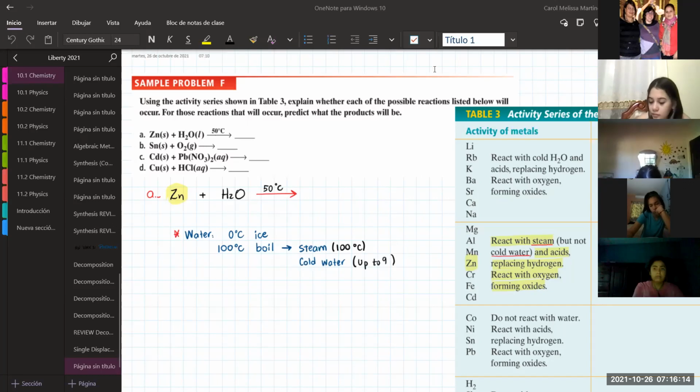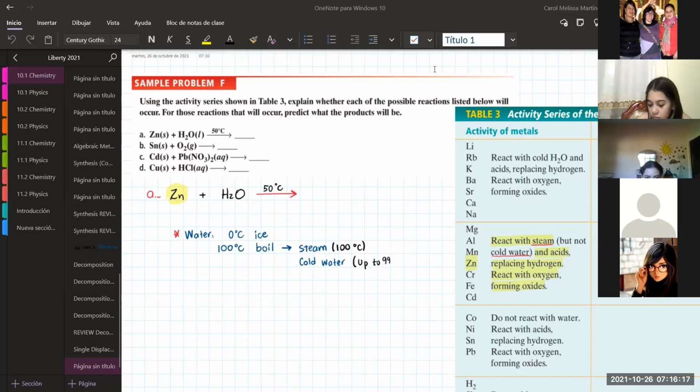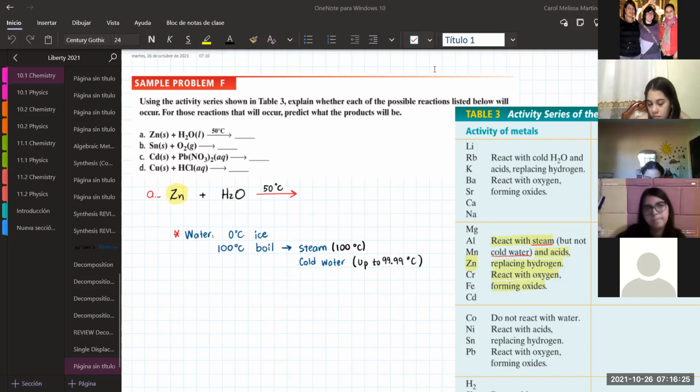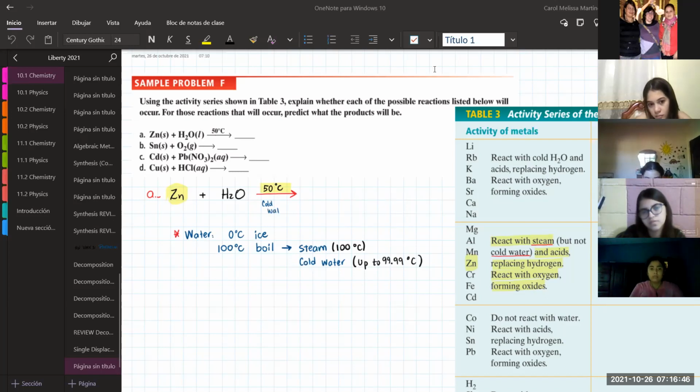Okay? So if you have a temperature of 99, it's cold water. If you have a temperature of 105 Celsius, it's steam. Okay? If you have a temperature of 50 degrees Celsius, which is the case right here, then this is known as cold water. That's how you identify how hot chemically the water is.